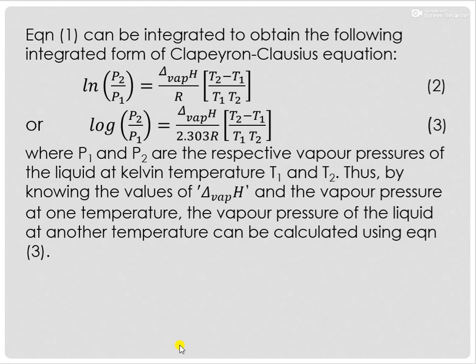Here P1 and P2 are the respective vapor pressures of the liquid at Kelvin temperatures T1 and T2. By knowing the value of delta vaporization H and the vapor pressure at one temperature, the vapor pressure of the liquid at another temperature can be calculated using this equation.